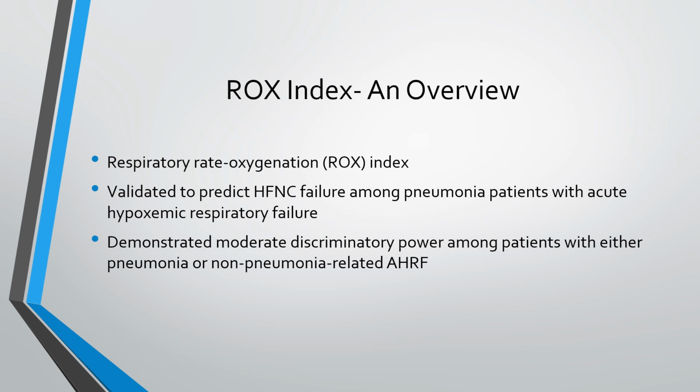The ROX index has been validated to predict HFNC or high flow nasal cannula failure among pneumonia patients with acute hypoxemic respiratory failure. It has demonstrated moderate discriminatory power to predict HFNC failure among patients with either pneumonia or non-pneumonia related acute hypoxemic respiratory failure, though it does not consider the respiratory pattern and the use of accessory muscles.